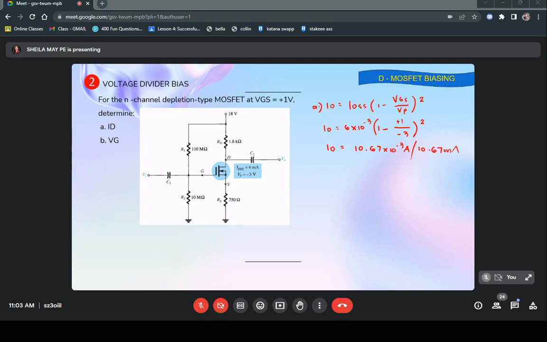Okay, but we don't have K, but K is ID on over VGS on minus VGS TH, squared.